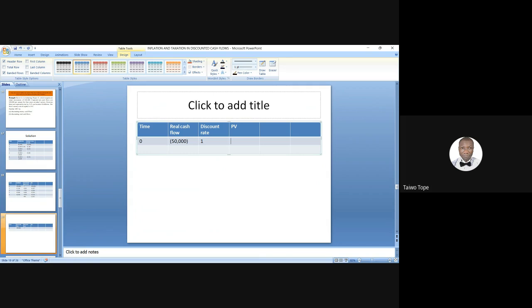Now, since we have a constant flow of 20,000, based on the annuity, when you use your annuity formula to get the discount factor from year 1 to 4, you should have 3.240 based on 9%.